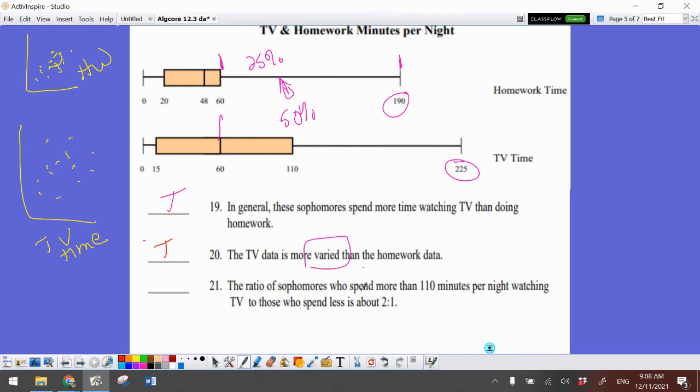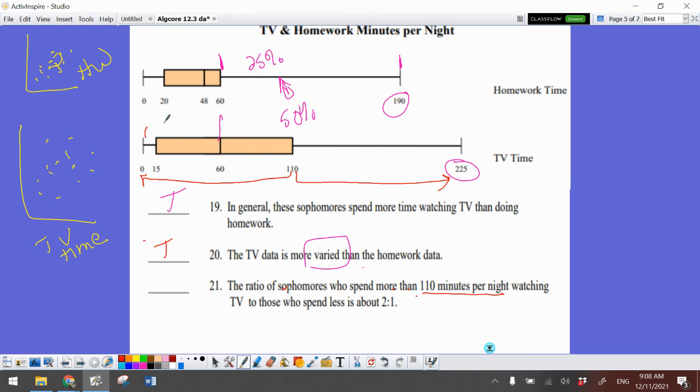The ratio of sophomores who spend more than 110 minutes per night watching TV to those who spend less is 2 to 1. Okay, the ratio of students who spend more than 110 minutes. So right here, okay, more than 110 minutes of watching TV versus less is about 2 to 1. So let's think about that.